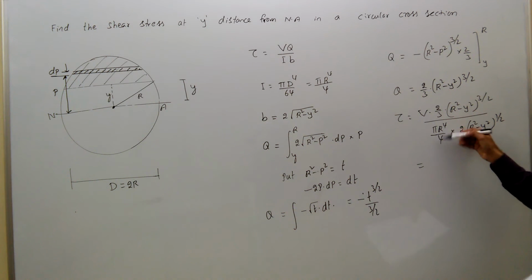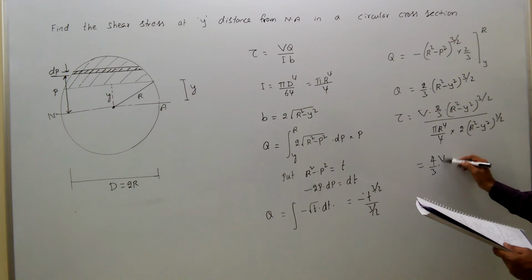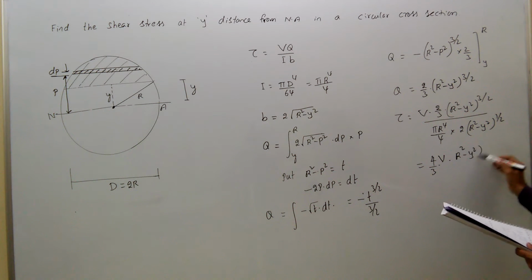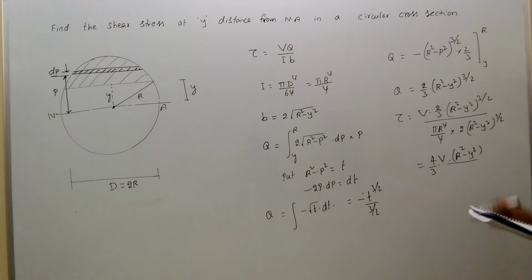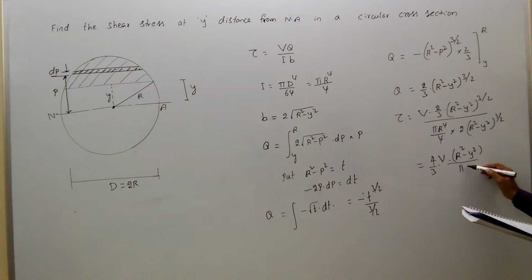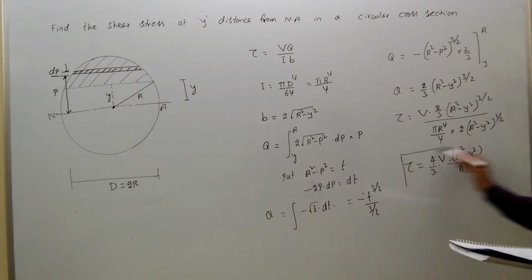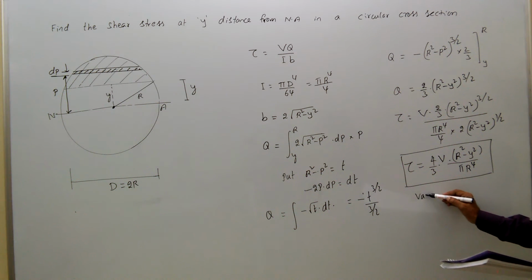So that is 4 v by 3 into r square minus y square, divided by pi r to the power of 4. That is the shear stress variation. Here in this case, shear stress variation is parabolic.